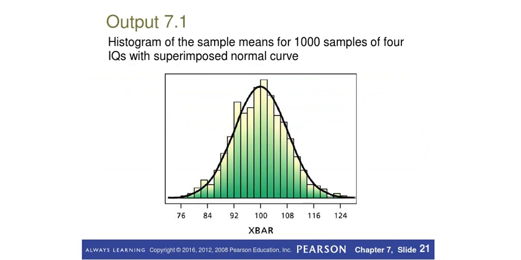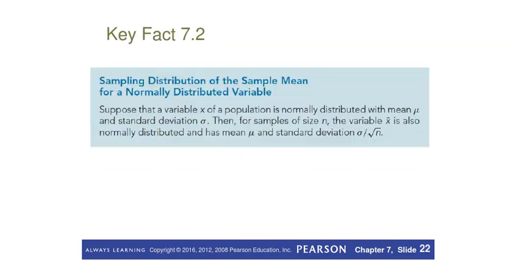If we took 1,000 samples, each of size 4, the mean of all of those IQ means is going to be 100, which is the mean of the test itself, and the standard deviation will be just like we said it would be. Our curve will be normal.